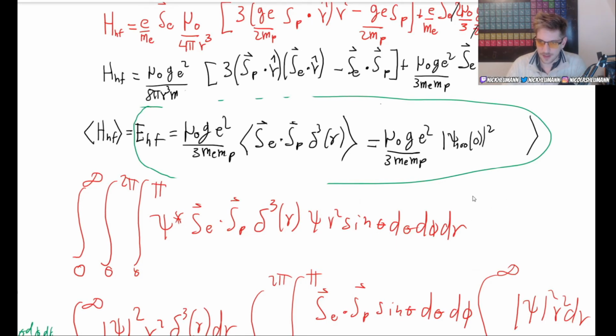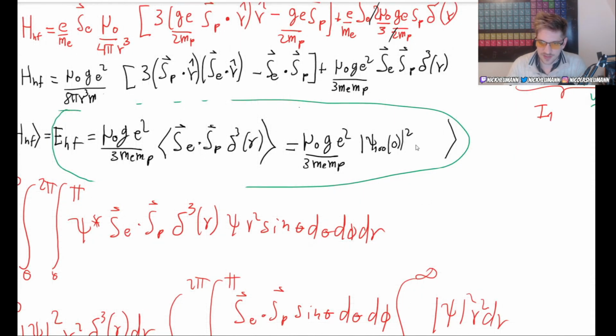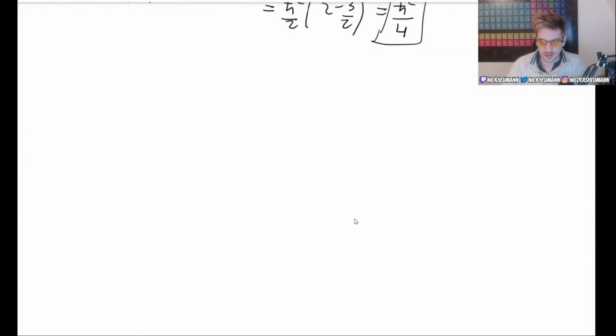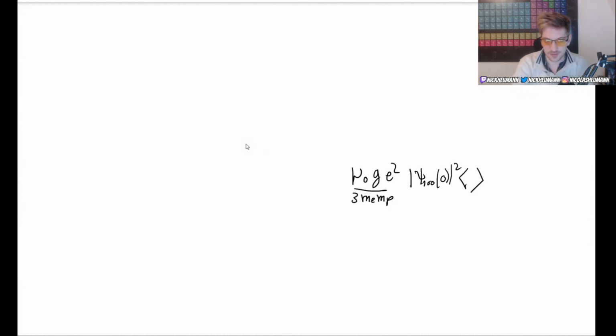And then we still have the expectation value. Now we will go somewhere where we have more room, so we don't have to worry about anything.